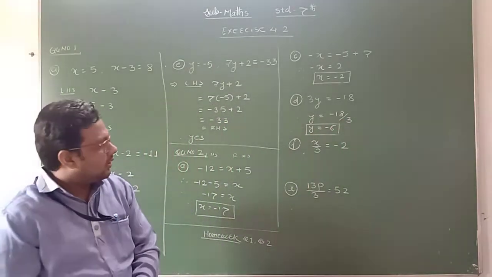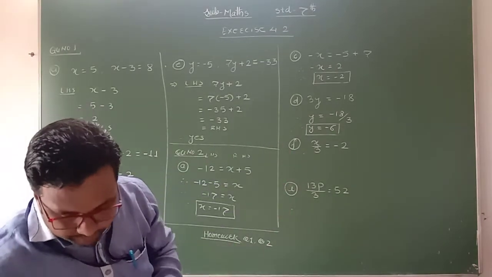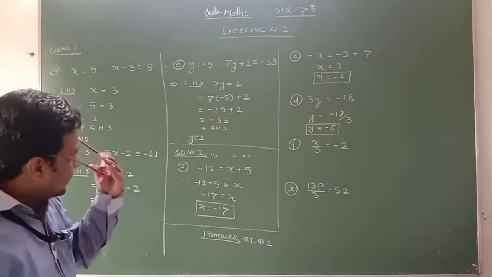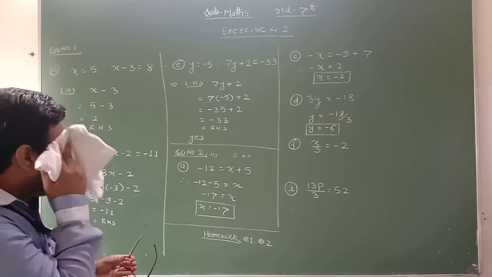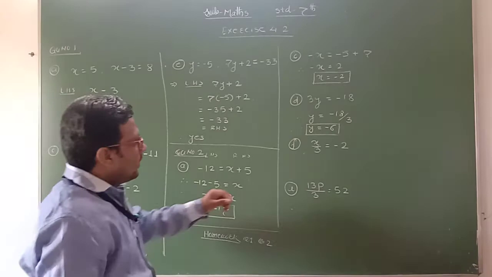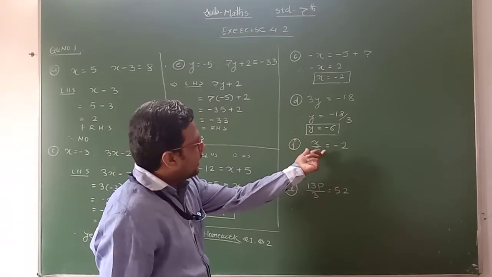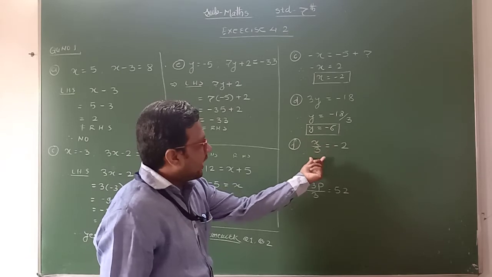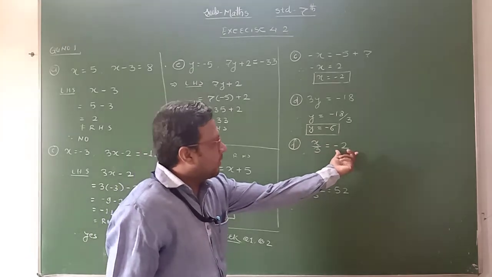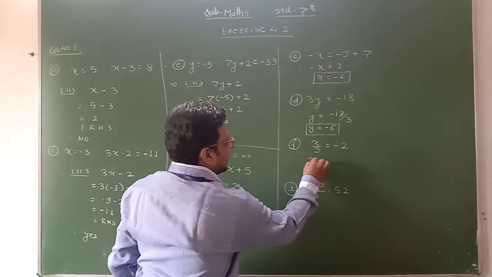Then the next example. In this example, equation is given x upon 3 is equal to minus 2. Now this 3 is in division with the x. When we transfer 3 to the right hand side of the equation, it will come in multiplication. Therefore x is equal to what?